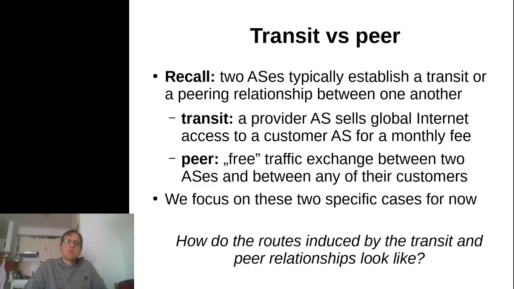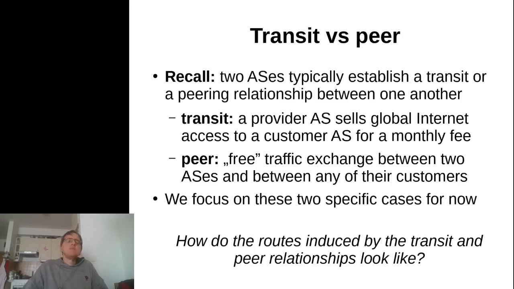So two ASes typically establish one of these types of business relationships between one another. In the transit, the provider autonomous system sells global internet access to a customer autonomous system for a monthly fee. Recall that this transit relationship pretty much resembles the way we actually connect our home network to an ISP's network. It's just that the two participants in this case are autonomous systems.